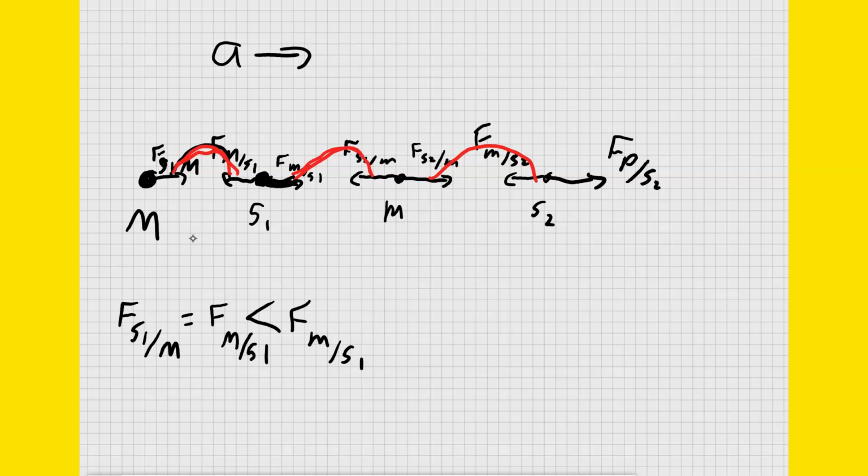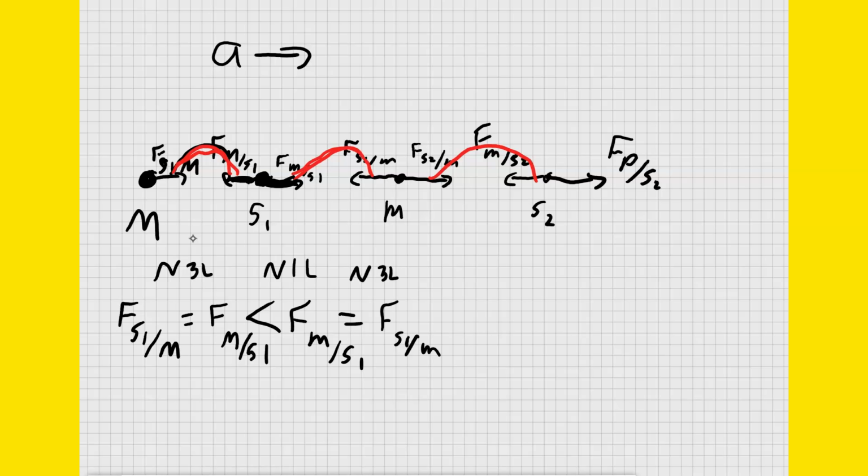This force right here has to be bigger than this force right here. Otherwise, the acceleration could not point to the right. And we also know reaction. So this is Newton's third law. This is Newton's first law. This is an action-reaction pair with the force of S1 on little m because of Newton's third law. Newton's third law, action-reaction pairs.